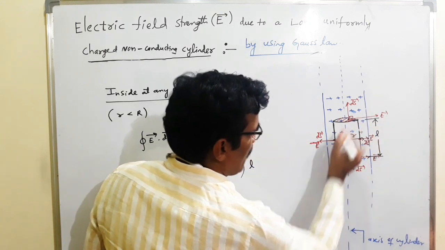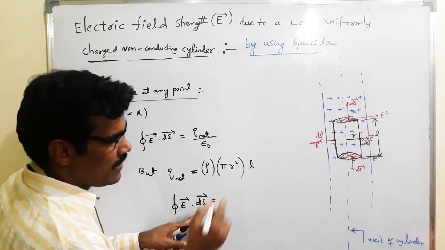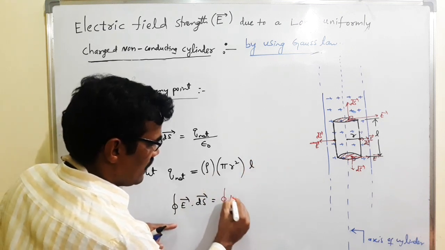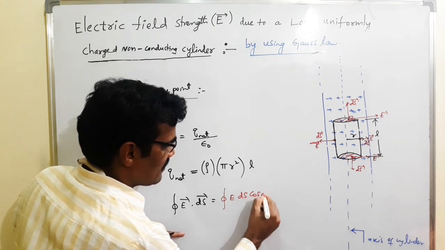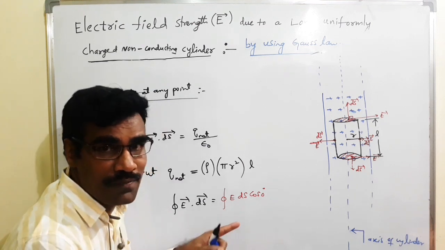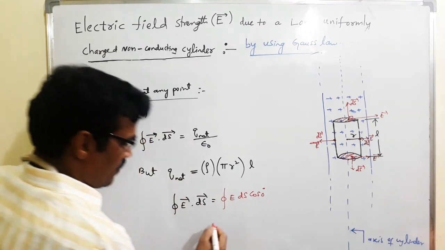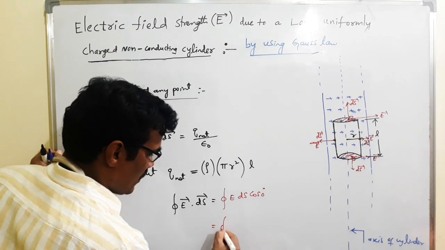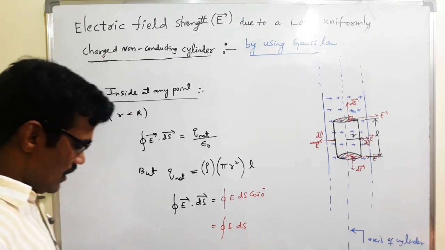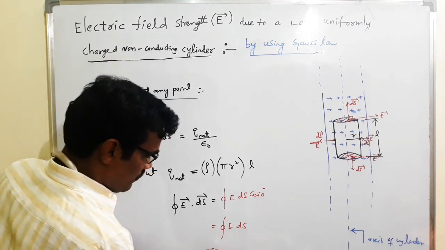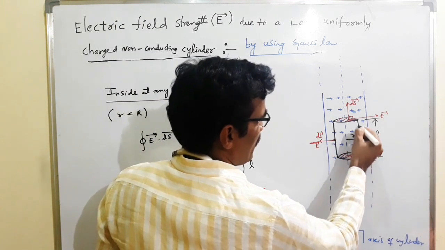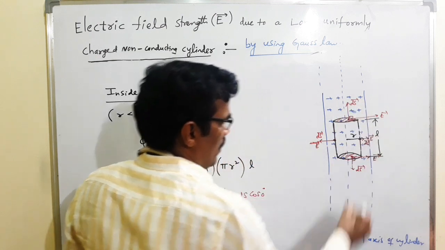So there is flux only through the curved surface. On the curved surface E bar and ds bar are in the same direction, that's why integration E ds cos 0. Due to the flat surface the flux is 0. So here integration E ds, and E is constant: the field is E here, and also E here and here, on the Gaussian surface.